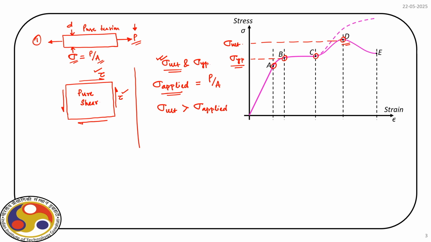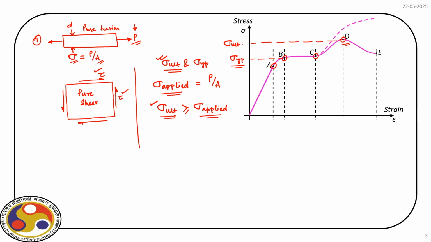Then at least what we can ensure is that the material can safely withstand the applied stress. It will be greater than or equal to, because when it is equal, then also the material can withstand, and beyond that point it is going to fail. So, definitely we will not think of that. So, we should have a material where sigma ultimate is more than sigma applied.